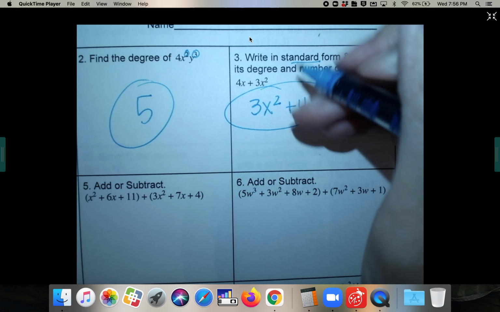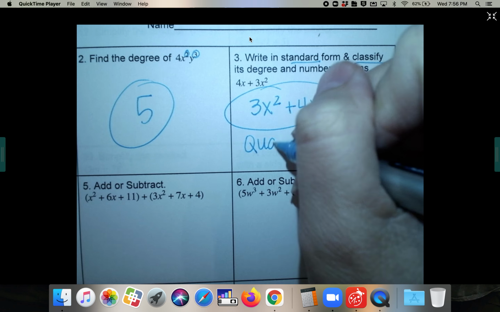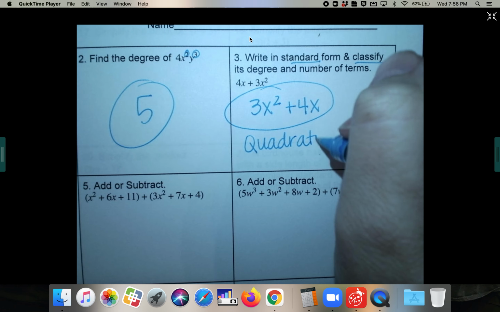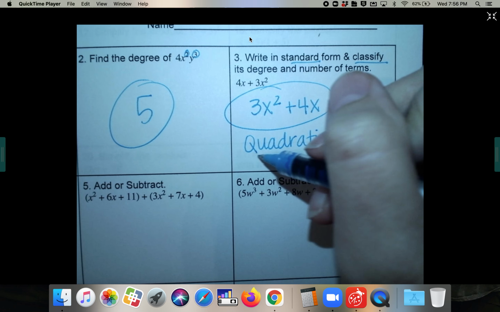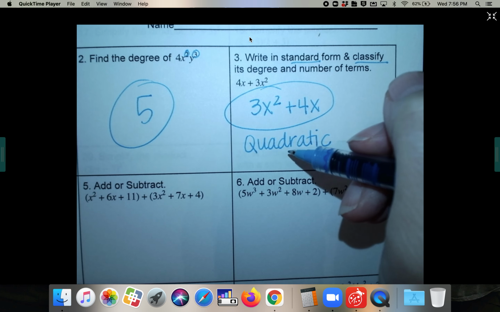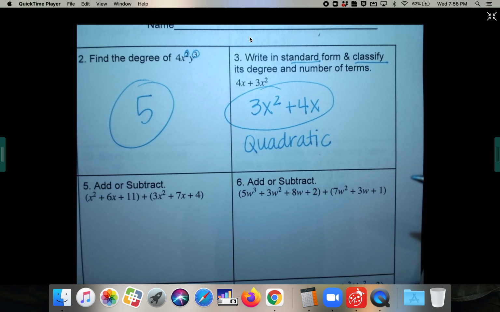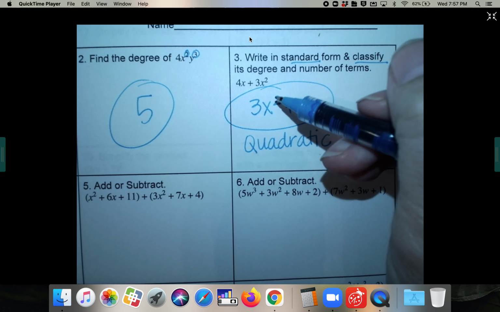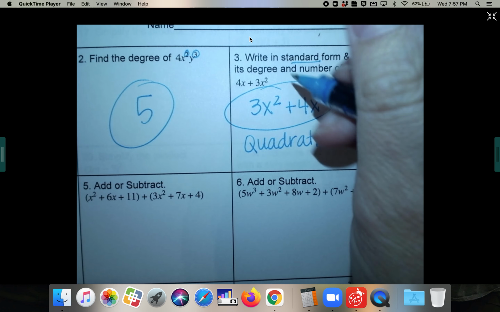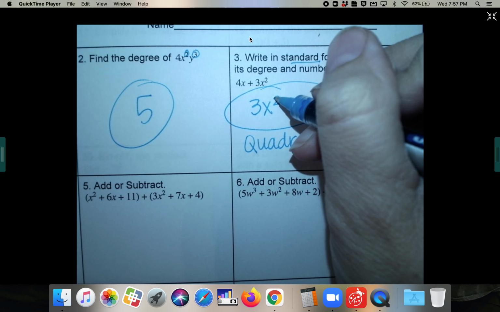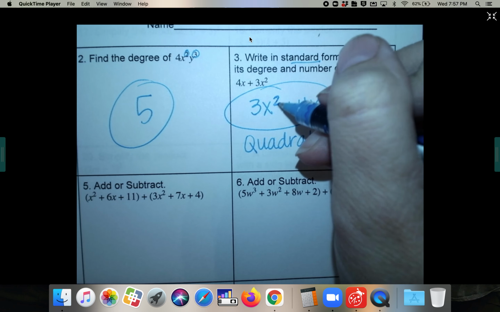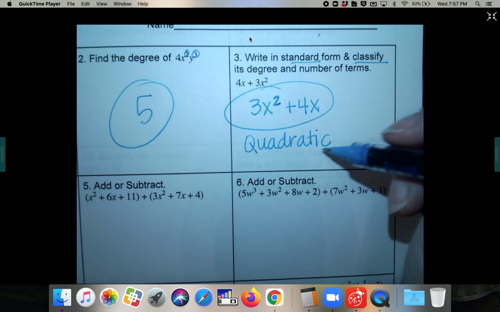Remember, anything squared is called quadratic. I know it seems like quadratic should be to the 4th power because anything that starts with quad means 4. But as we get into more quadratic functions in the next chapter, you'll see why something squared is actually considered quadratic. So since the exponent is 2, it's a quadratic.